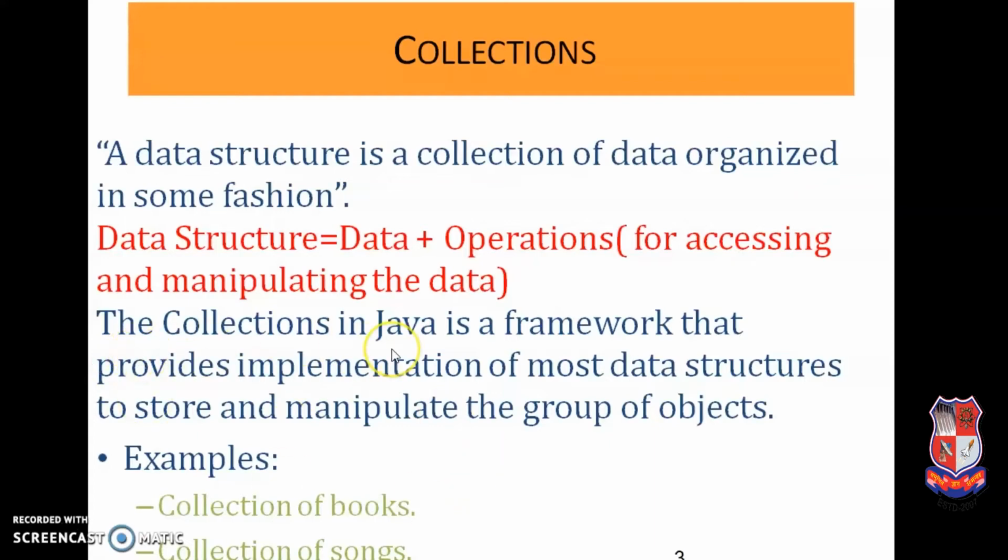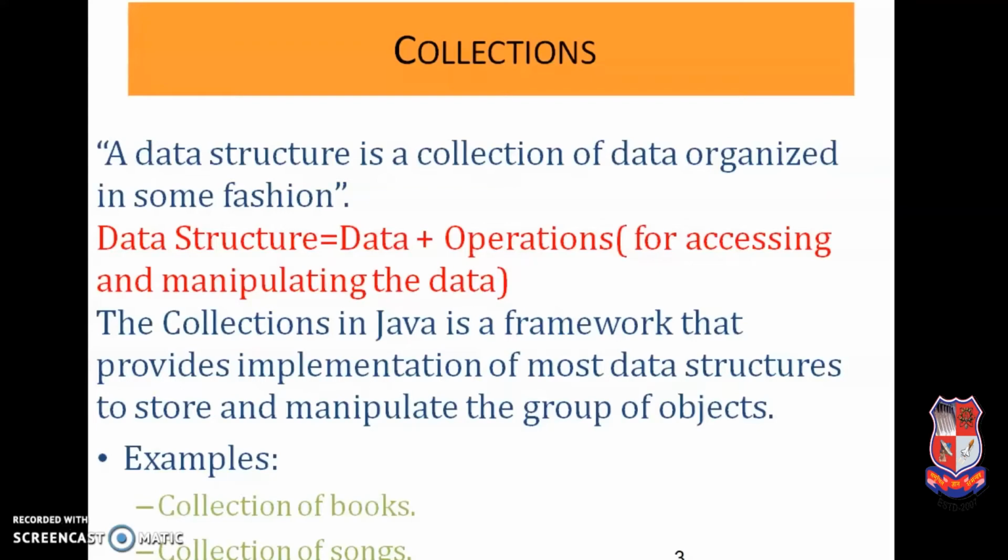The collection framework in Java provides ready-made implementation for almost all data structures you have studied in previous semester. The collection framework provides most of the data structures and provides definitions for methods by which you can manipulate a group of objects. So now you can understand what is collection.